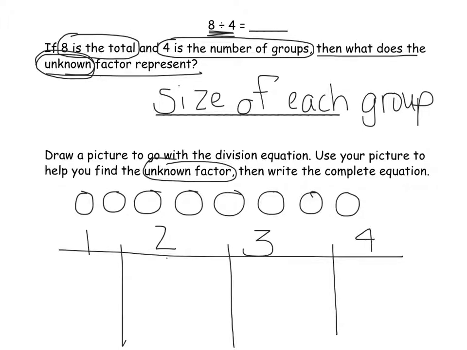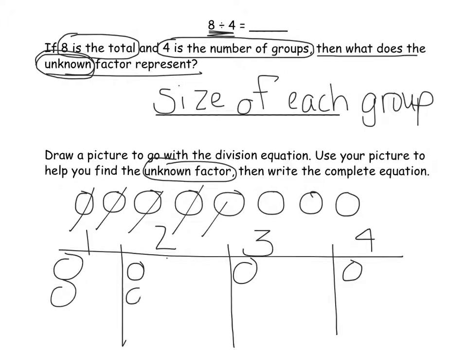And since I can't move these counters, I'm just going to draw one, cross it off. Draw one, cross it off. And I'm going to use the fair share until I'm all out of counters. So in this case, my unknown factor, or the size of each group, there are 2 circles or counters in each group.